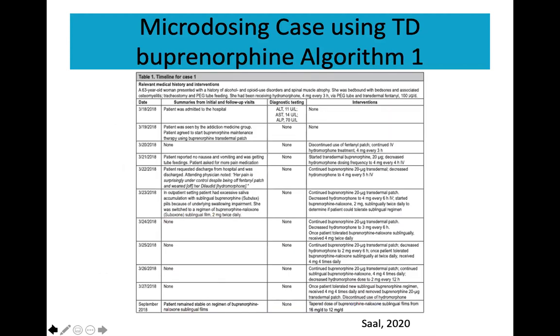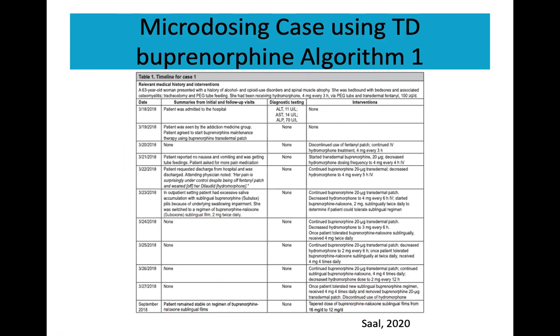Yeah, so, the Saul paper that I have in the slide set, and I'll go back to show you, this person was on a fentanyl patch. So fentanyl is more lipophilic.